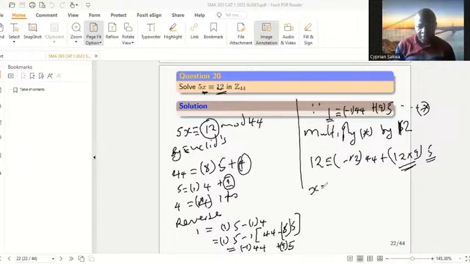So x therefore is 108 mod 44. I think it's 12 times 9. So now I just want to find what will be the remainder when 44 goes into 108.